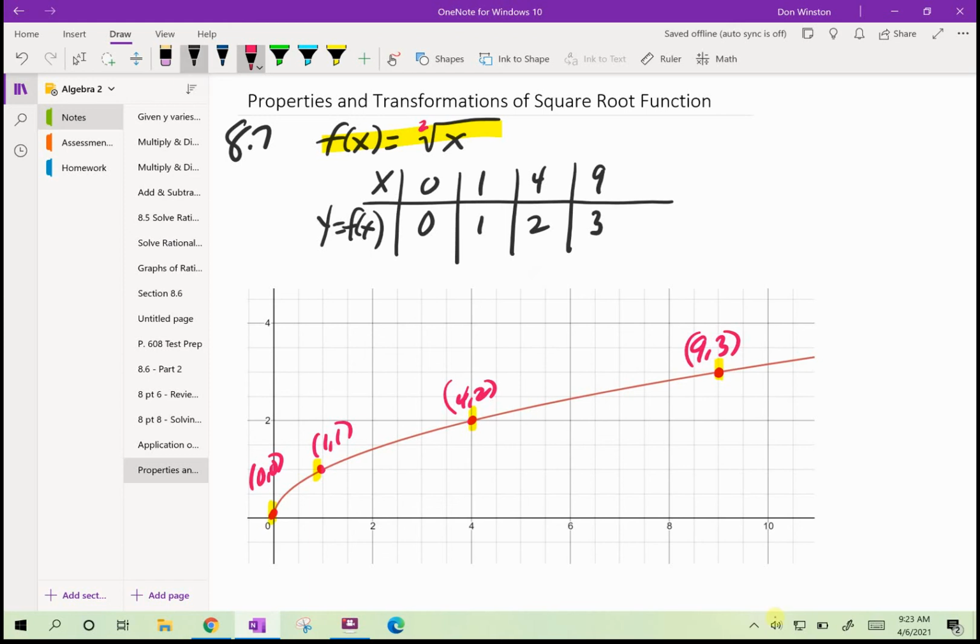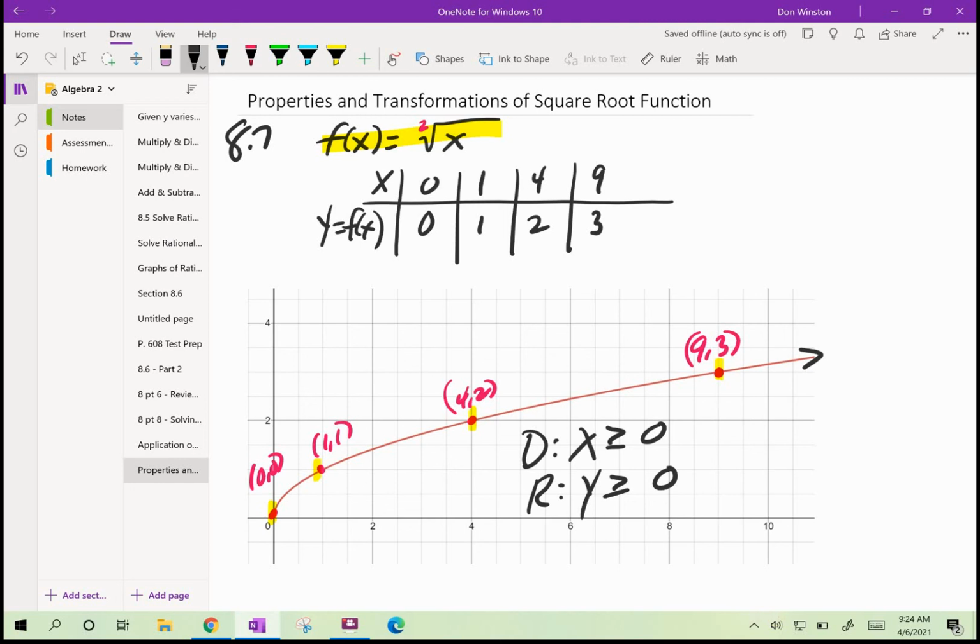So our domain would be restricted to x has to be greater than or equal to 0. I can't have a negative x. That would be my domain. And my range, as I take a look at that function, I see that the lowest the y values get is 0, but then they increase without bound. So my range would be y is greater than or equal to 0.